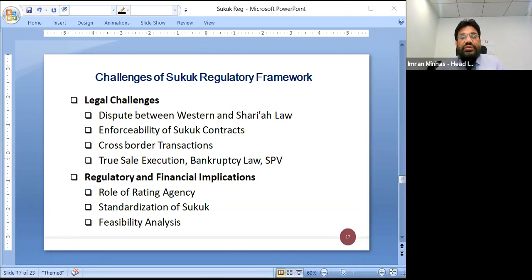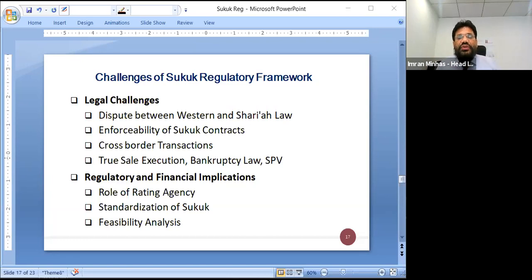Before assessing issues surrounding the enforceability of the Sukuk, it is imperative to portray the kind of conflict happening in the sphere of Islamic finance due to the dual legal systems that govern the jurisdictions. So English common law and civil law each present distinctive problems when they collide with the Sharia.